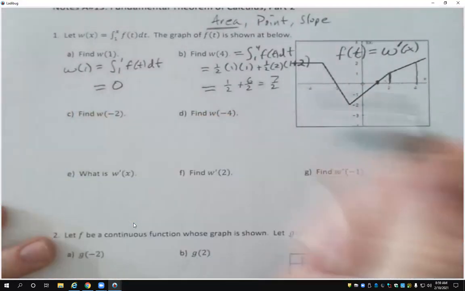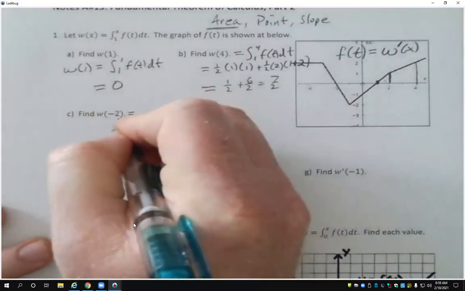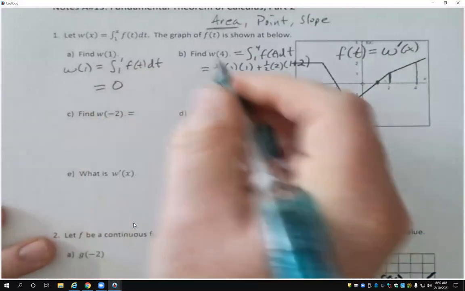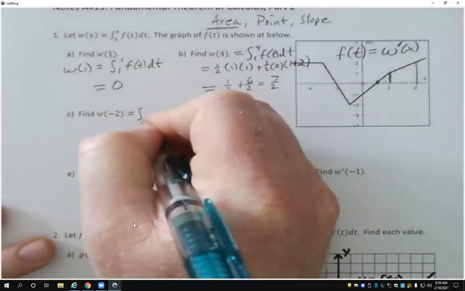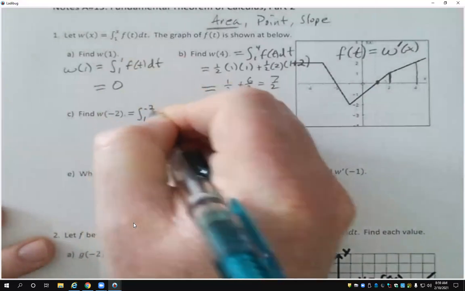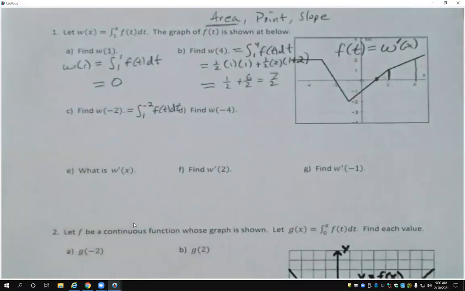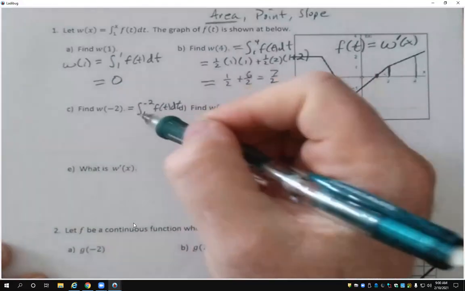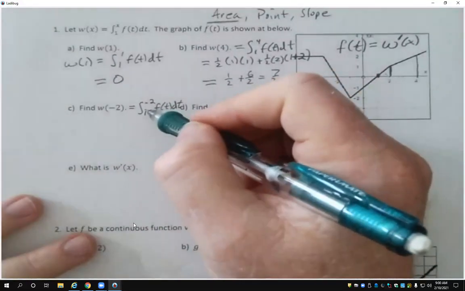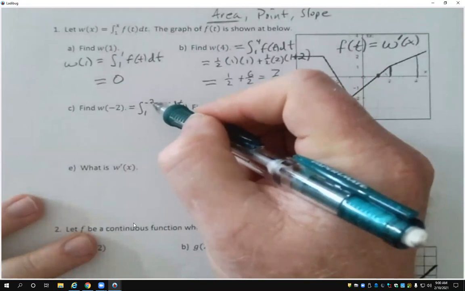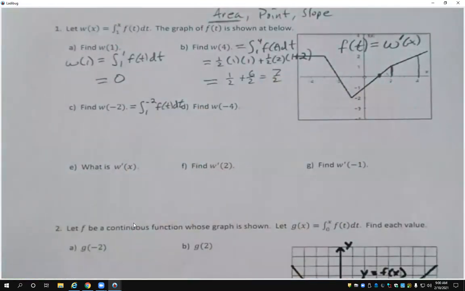All right, C, we're finding W of -2, which means we're integrating from 1 to -2 of F of T dt. What happens when the smaller number is on top? Negate.